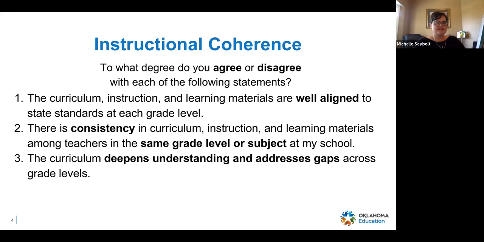There is a consistency in curriculum, instruction, and learning materials among teachers in the same grade level or subject area at my school. The curriculum deepens understanding and addresses gaps across grade levels. Again, be thinking about how those statements look in your school or in your district, specifically with your students that are ATSI designated.